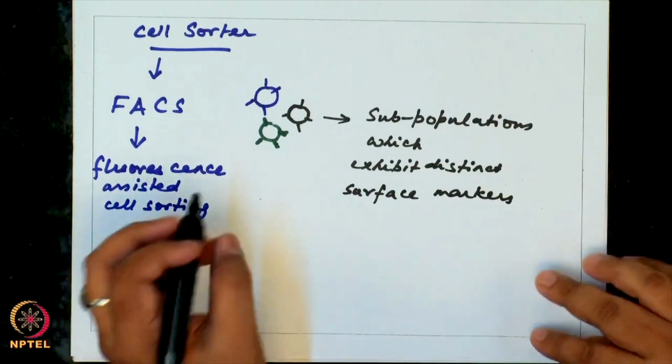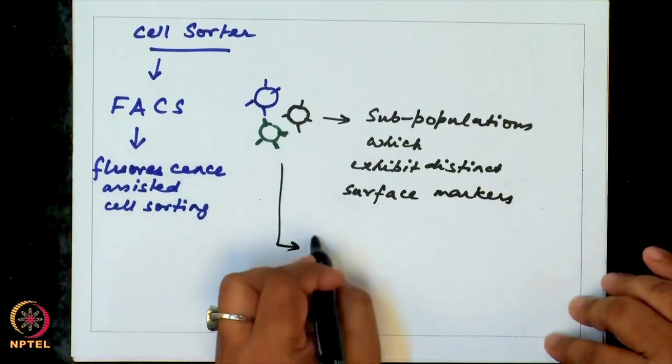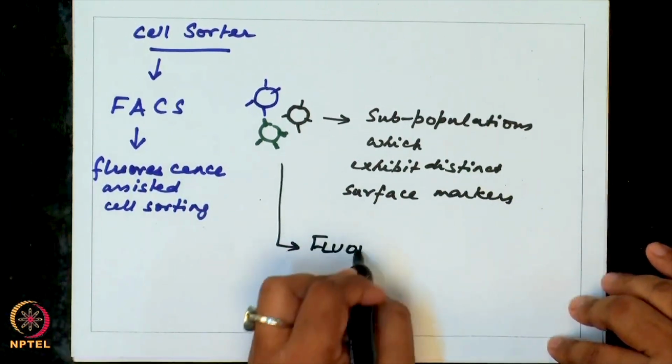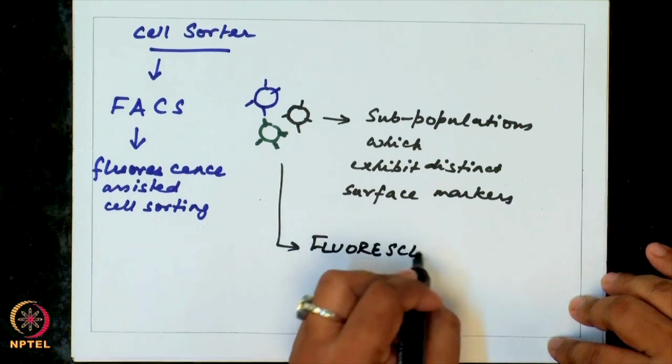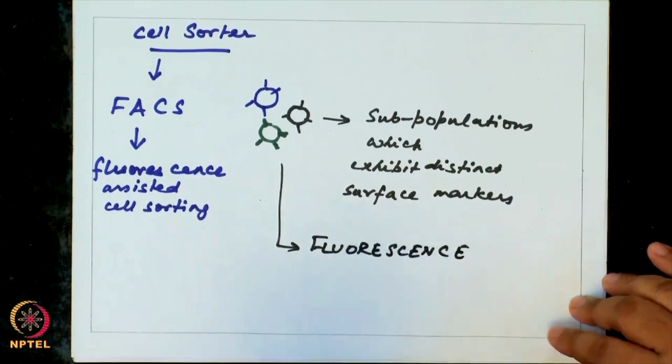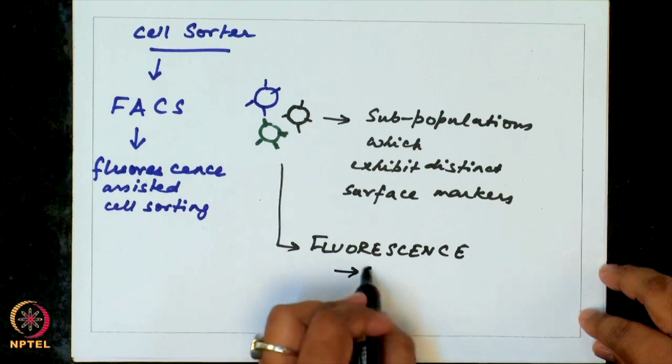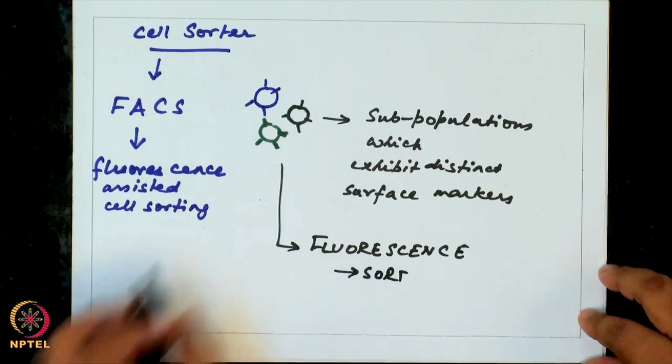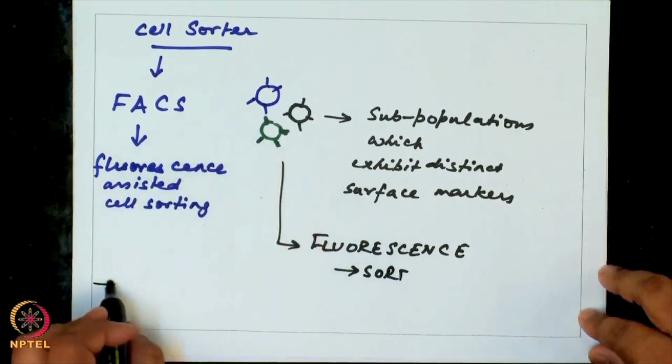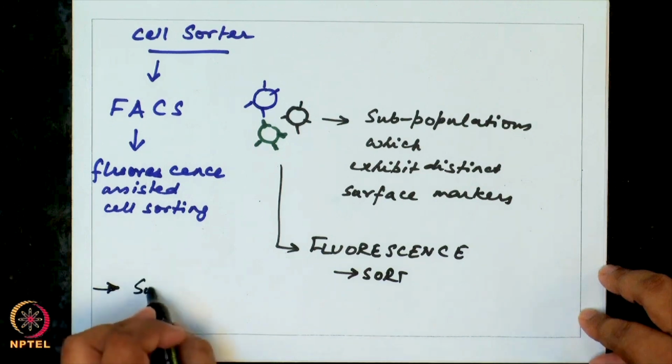So, I can make use of fluorescence to sort these populations. However, this process will work if I know the surface marker profile.